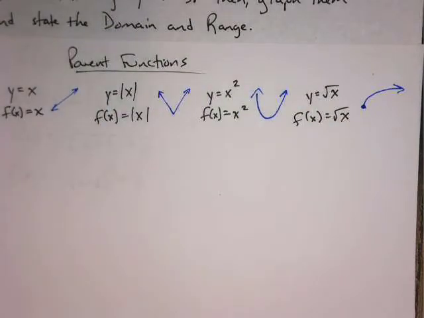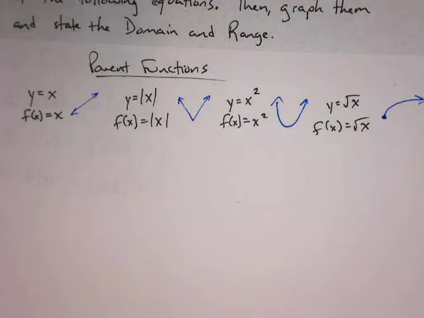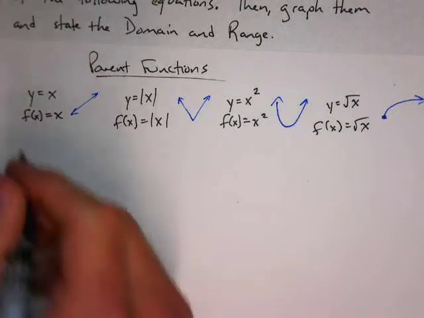So we have to remember what those parent functions look like. Now with that, what we have to look into is, given a parent function, how do these graphs shift based on how the equations are written? So I'm going to get into a little bit of that.